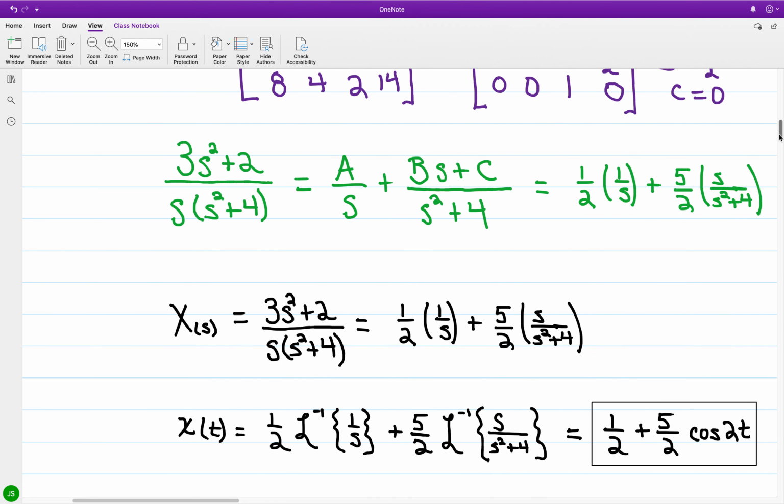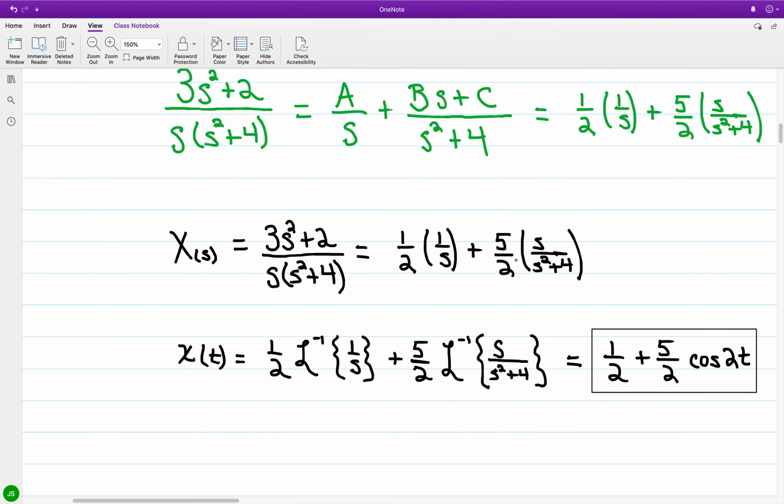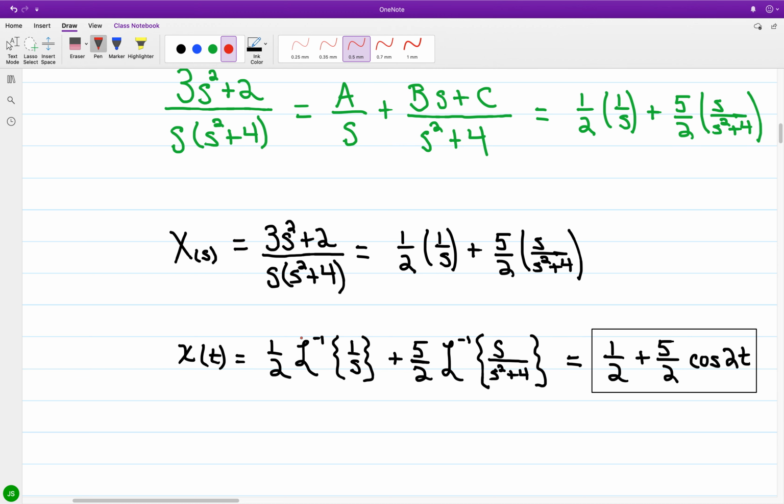And so for the Laplace transform x of s, I have in the partial fraction decomposition format these ratios, and writing it in terms of the solution, taking the inverse Laplace transform and getting to officially x of t. So I have 1/2 of the inverse Laplace transform of 1 over s, which is going to be 1.